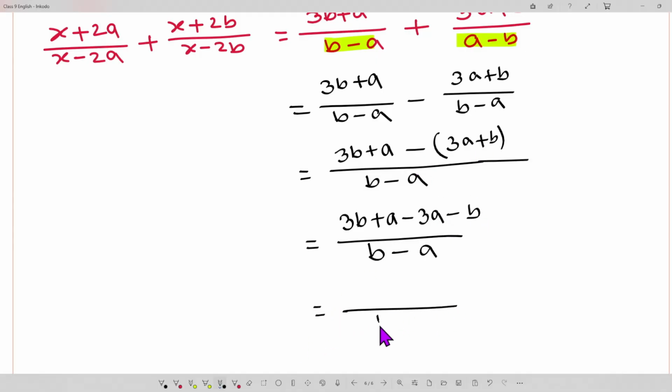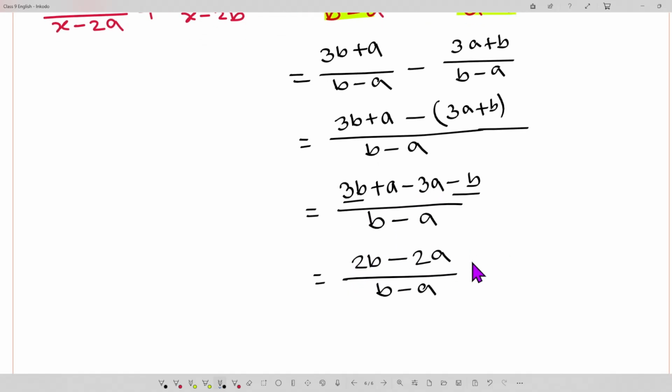Now what next? Here is b minus a, 3b and minus b, it will be 2b, plus a minus 3a, it will be minus 2a. So we can take common 2, right? Once we take common 2, here is b minus a divided by b minus a.